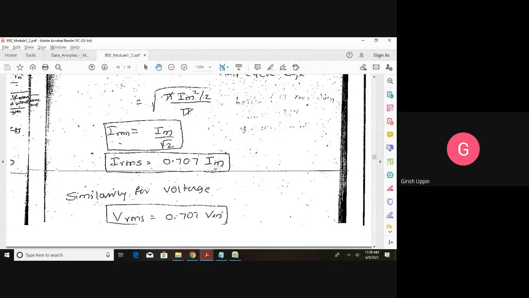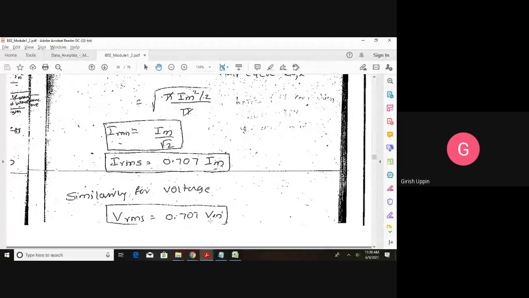So what is the average value? The average value is 0.637 times the peak value. If it is current, IRMS is equal to 0.707 Im. If it is a voltage, VRMS is equal to 0.707 Vm, the peak value of the voltage.